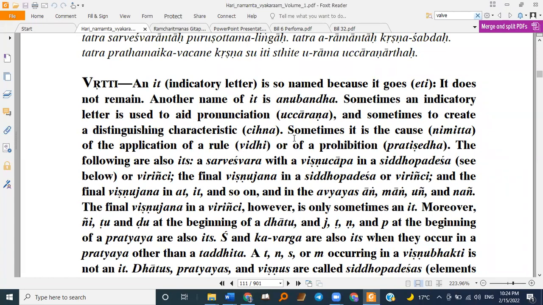Prabhuji, to distinguish them as chihna, that I understood, but to aid pronunciation, why can't a rama be used instead of u rama? Okay, let's say if it was a rama, then someone could have asked why it is not e rama.